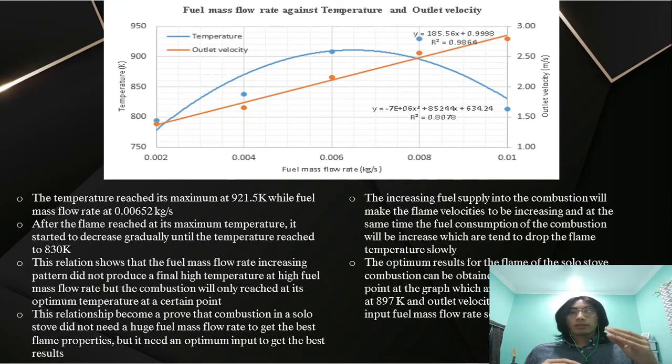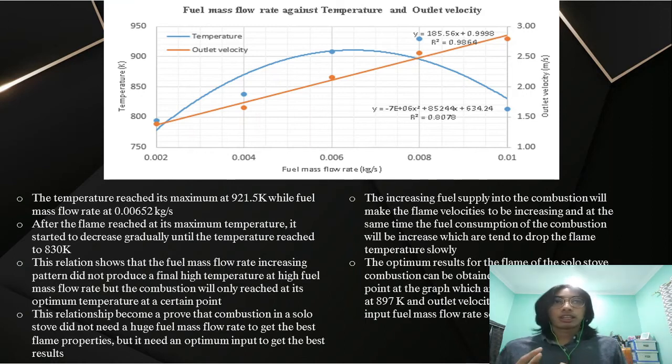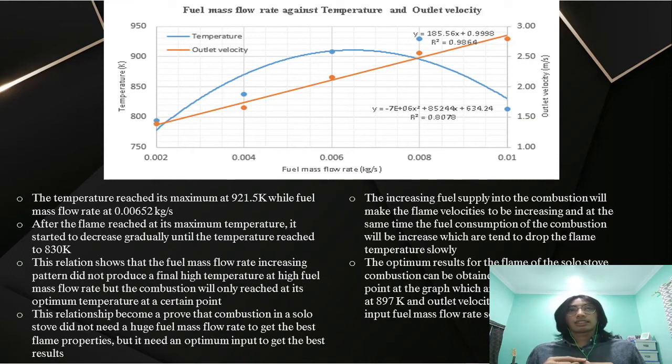So the optimum result for the flame of the solar stove combustion can be obtained from the intersection point of the graph, which is an outlet temperature of 897 Kelvin and an outlet velocity of 2.47 meters per second, while the input fuel mass flow rate is only set at 0.0077 kg per second.